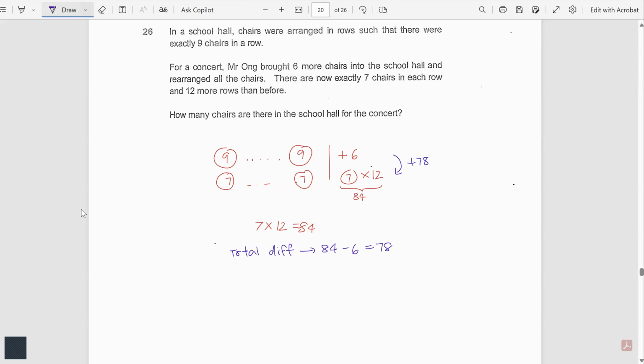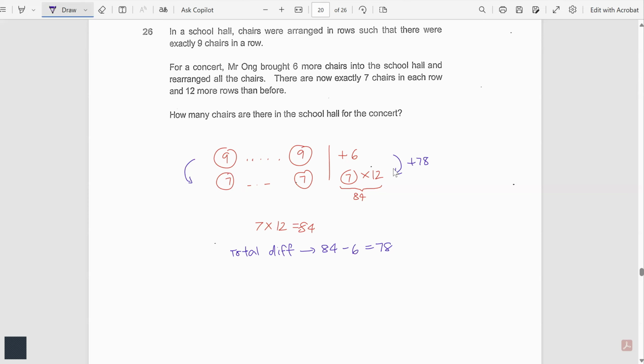As I said earlier, the chairs on top are supposed to have the same number as the bottom. But if I compare left side and right side, the right side has an extra 78 more below, which means that there's actually an extra 78 more on top for the left side.